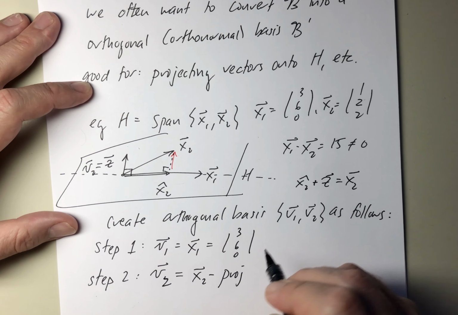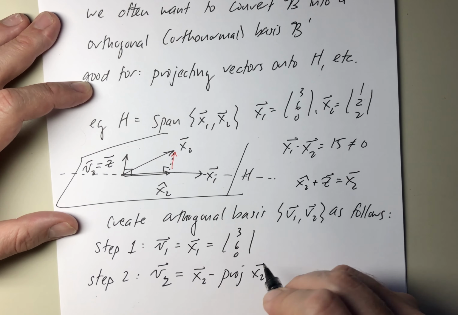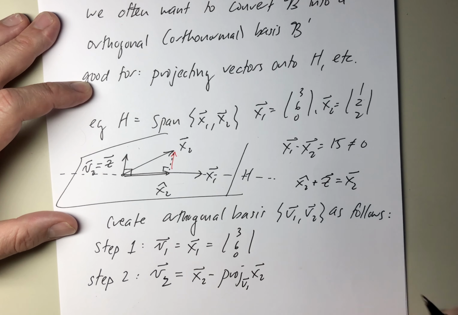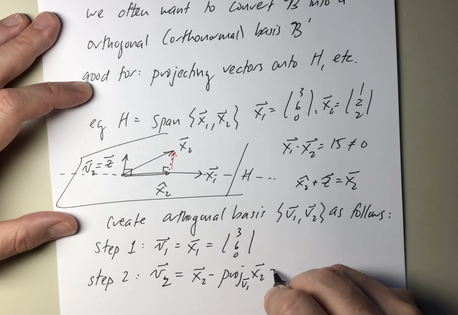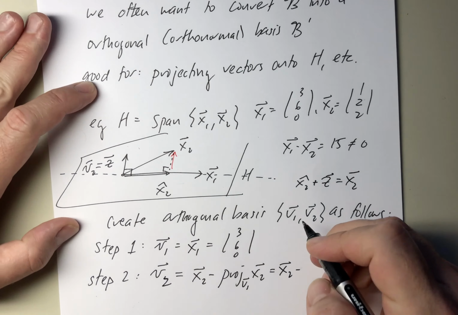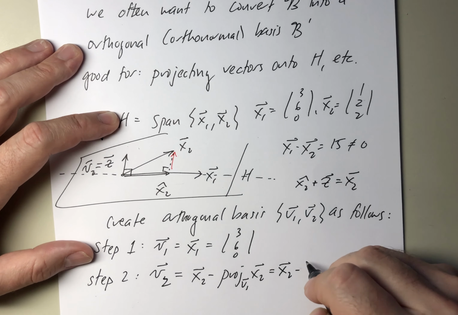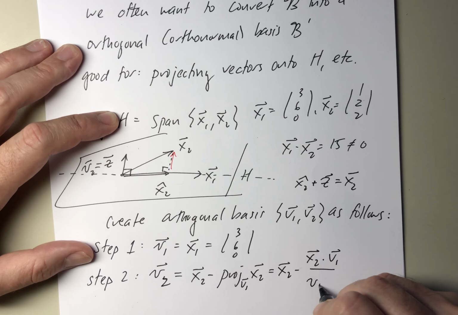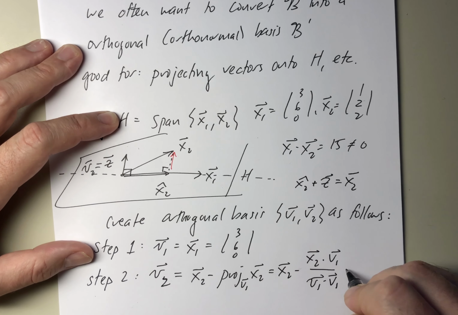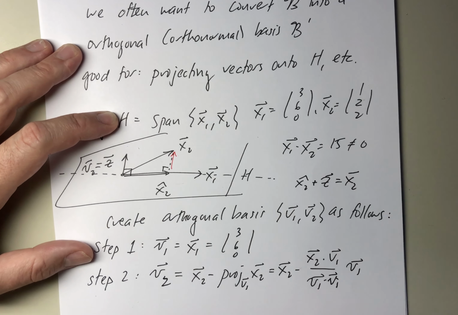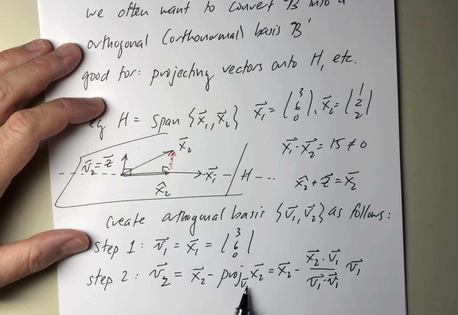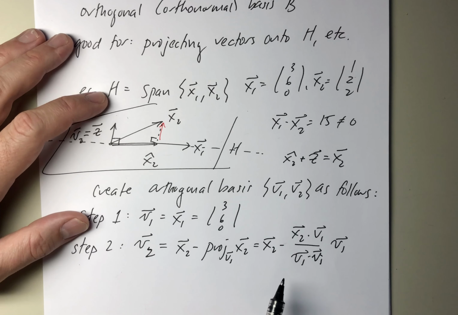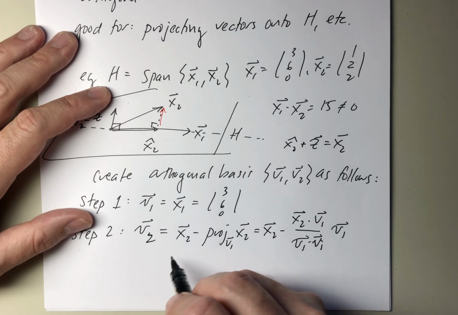Let me call that projection the projection of x2 onto the space determined by v1. So that's x2 minus (x2 dot v1 divided by v1 dot v1), the number that I scale v1 by. That's just my formula for projecting a vector onto a one-dimensional subspace. Let me work that out.